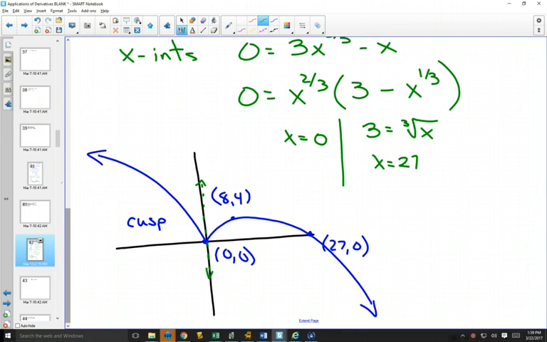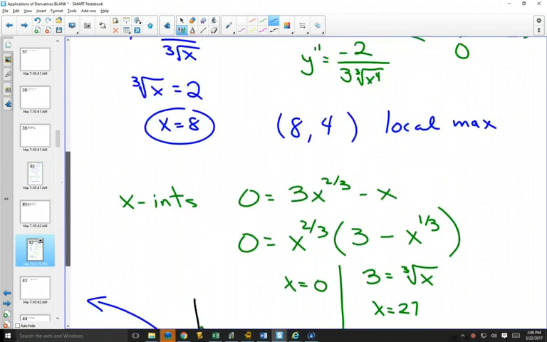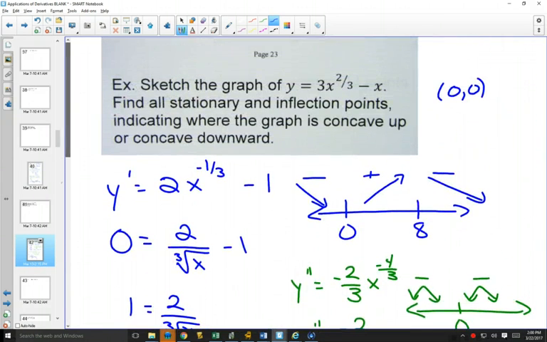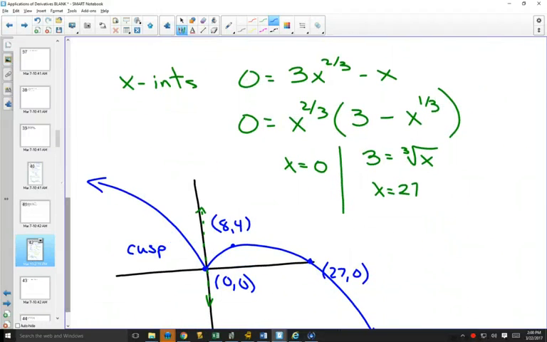Yes? There wouldn't be a vertical asymptote there because it's only a non-permissible value for the derivative. If we go back to our original equation, you can plug 0 in. It's fine. It just became a problem in our derivative. And because of that problem in our derivative, there is no tangent at that point.